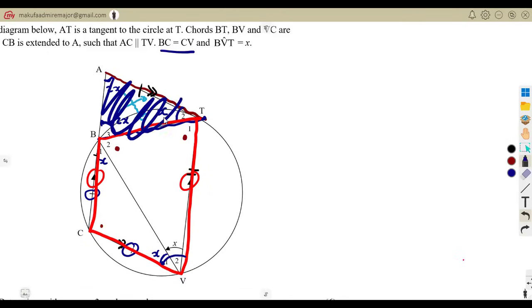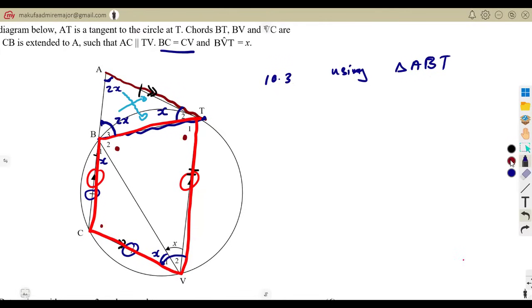Triangle ABT is complete. All angles are there: angle A, angle B2, B3, angle T2. All the angles in this triangle are given. And we understand that angles in a triangle add up to 180 degrees. So in that case, you can use triangle ABT.